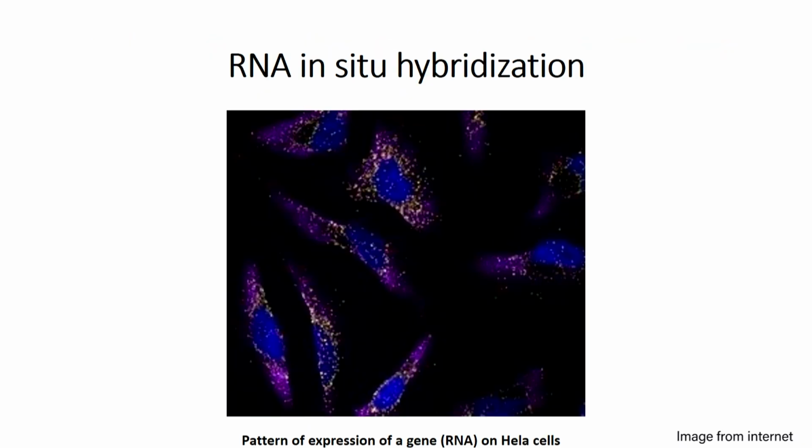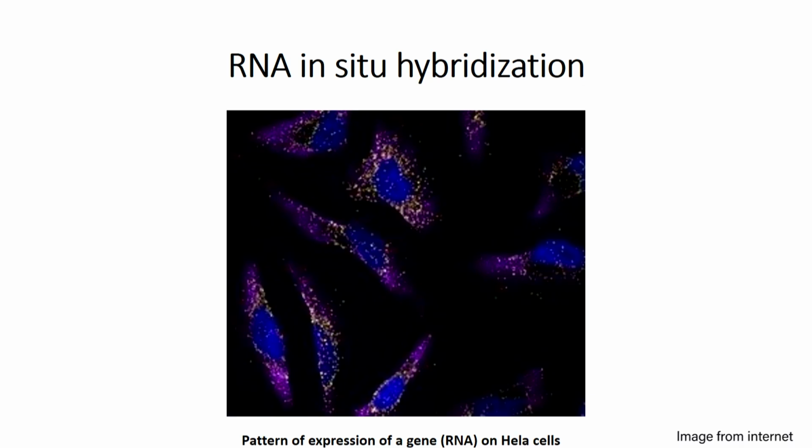So now I show you a picture. This is RNA in situ hybridization. Suppose the aim is to see where a particular gene is being synthesized or transcribed in a cell. Transcription always occurs inside the nucleus, but the transcript will go and be placed where the translation is required.